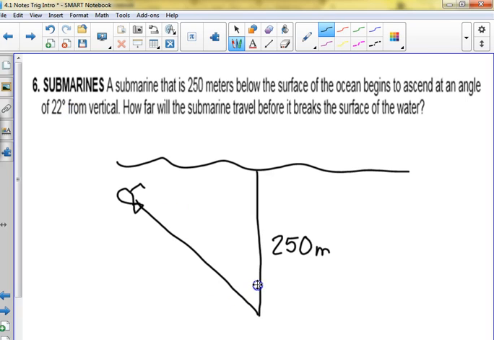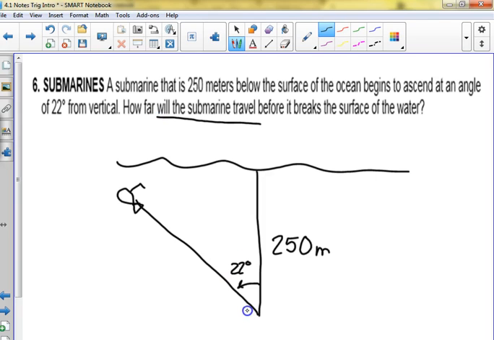22 from the vertical. We never measure out for the vertical, but this says off of the vertical, right? How far will the submarine travel before it breaks the surface of the water? So where's the submarine's path? On our hypotenuse here, right? How far will the actual submarine travel?